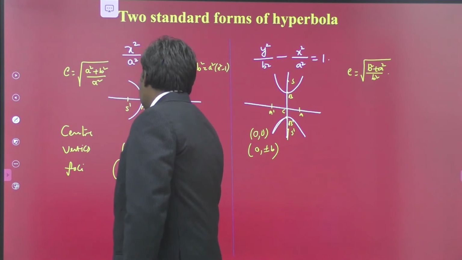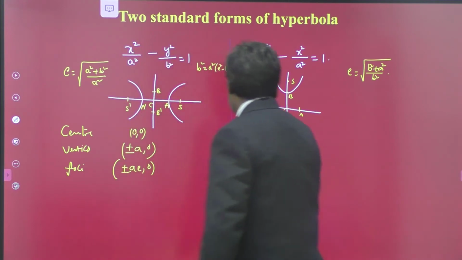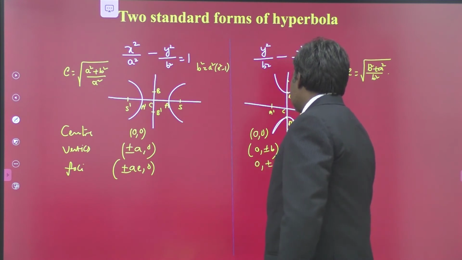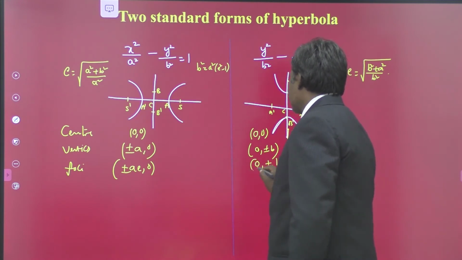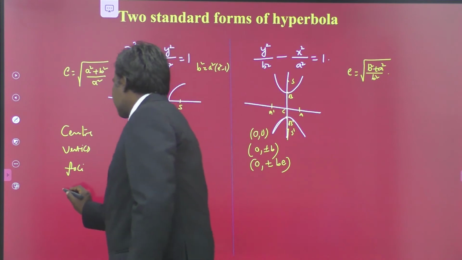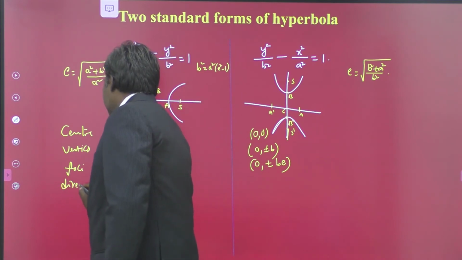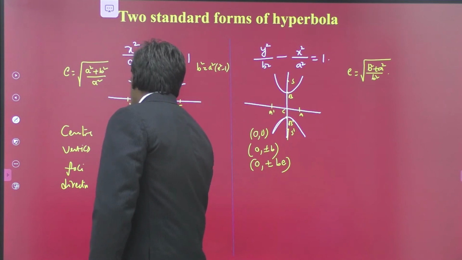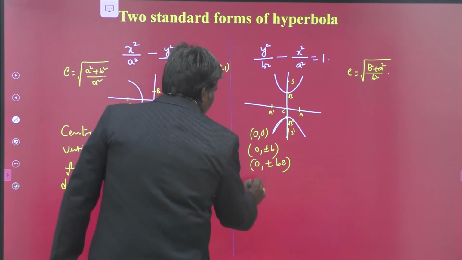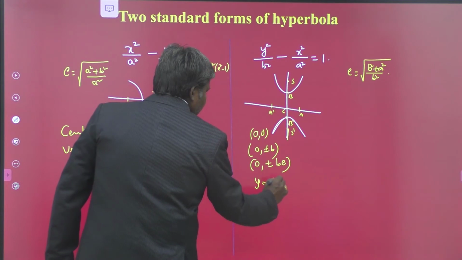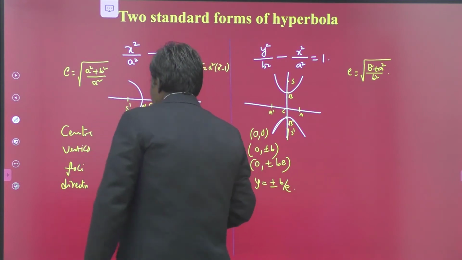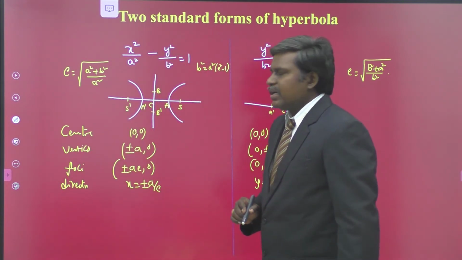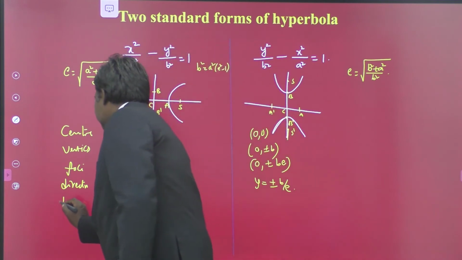Plus or minus ae comma 0. Here 0 comma plus or minus be. Next one, directrix. Equations of the directrices are x equal to plus or minus a by e. Here y is equal to plus or minus b by e. These are the directrices. Transverse axis.